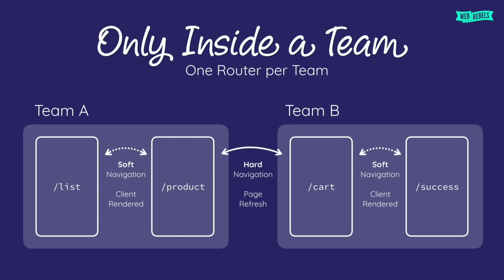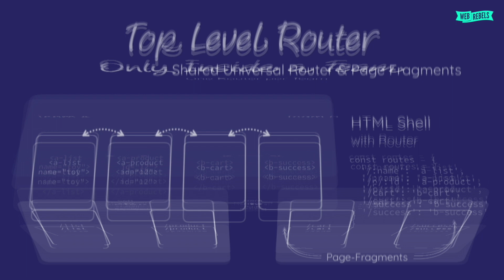This is a very simple solution because it's up to the team to decide if they want the complexity and if it's worth it. But the downside is that with the growing number of teams, you get more and more hard navigations. So you have fewer spots where client-side routing will actually do its work.